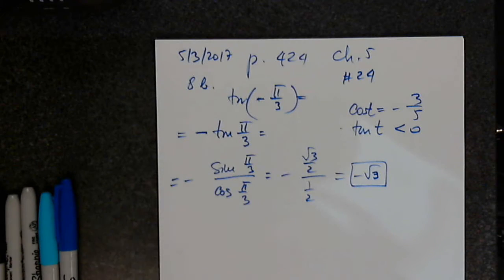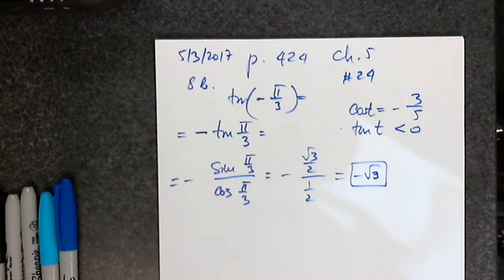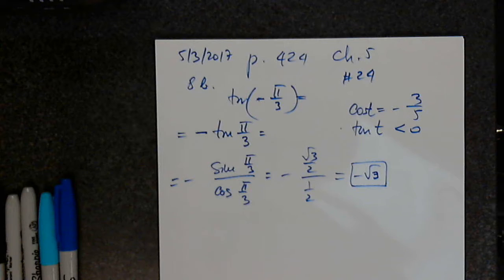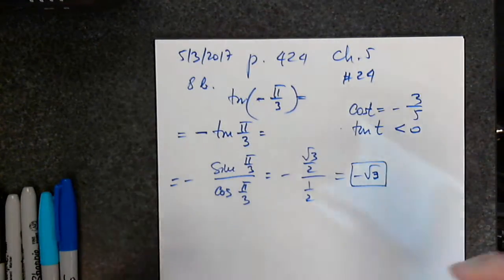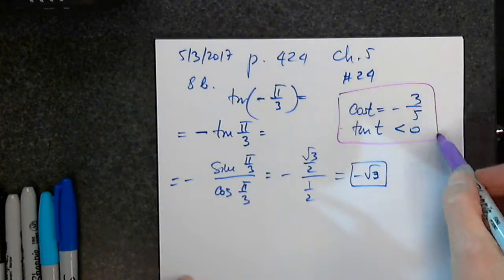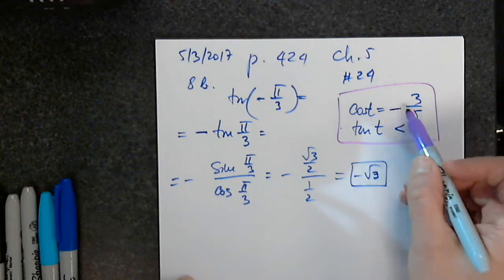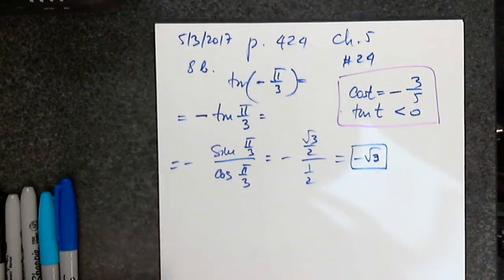So tangent has sine in it, cotangent has sine in it, cosecant has sine in it, and sine has sine in it. So all these 4 are odd. The only 2 functions that are even are the functions that have only cosine in them, which is cosine and secant.